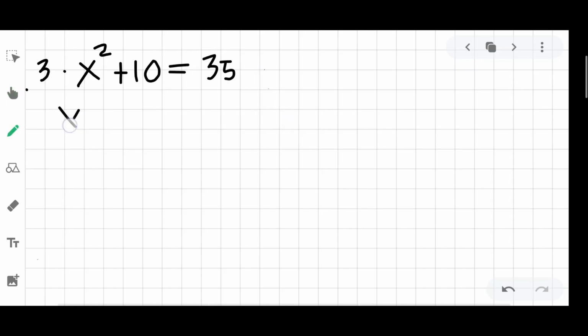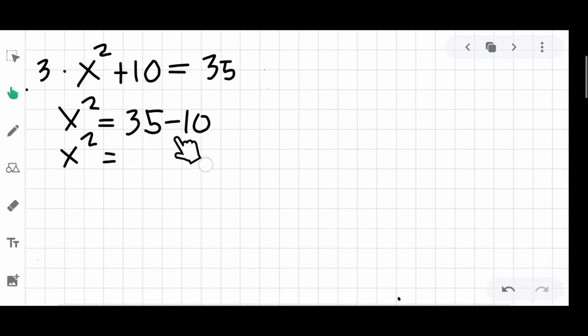So, bring down x squared equals 35. Ililipat natin si positive 10 sa kabila. So, positive magiging negative 10.